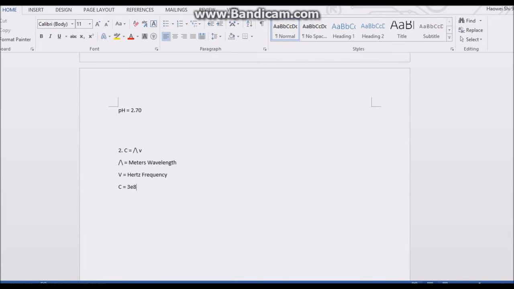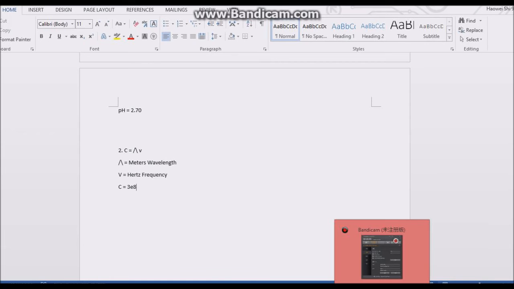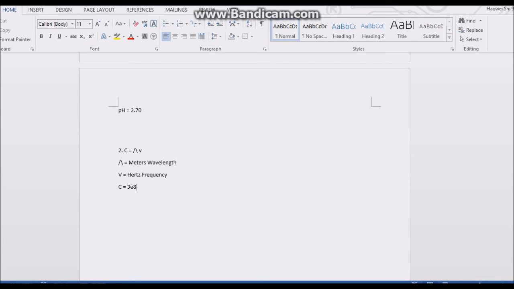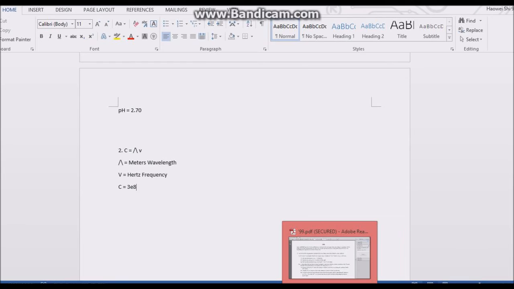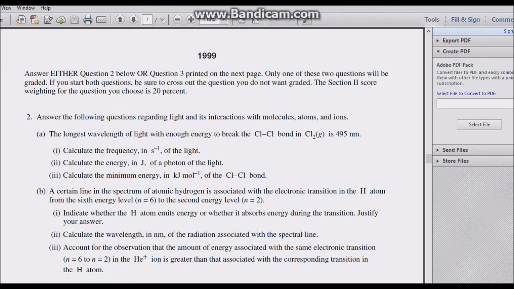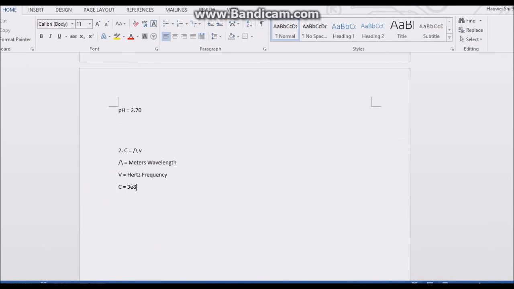Now the question gave you the wavelength and we already know how fast light travels. So we just need to find the frequency. We just need to divide c by wavelength.